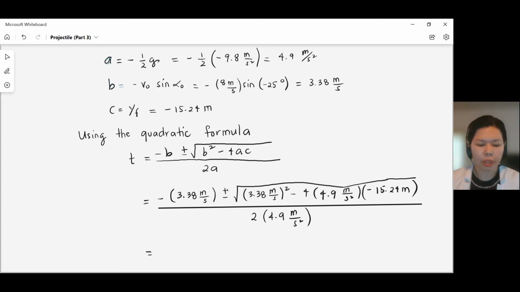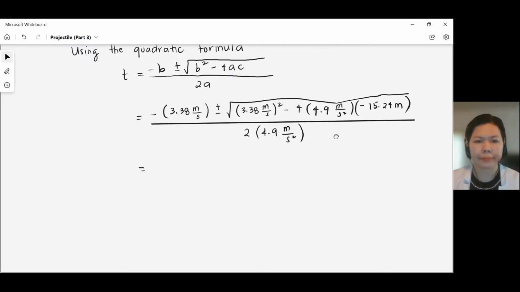The second time, t sub 2, is obtained when we use the subtraction operator, or the negative of this plus minus. So let us simplify this a bit first.